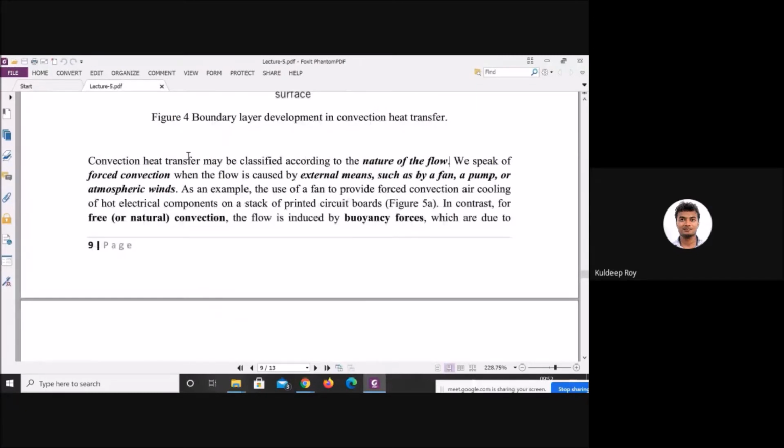We speak of forced convection when the flow is caused by external means such as a fan, pump, or atmospheric wind. As an example, the use of a fan to provide forced convection air cooling of hot electrical components on a stack or printed circuit board. What does that mean?